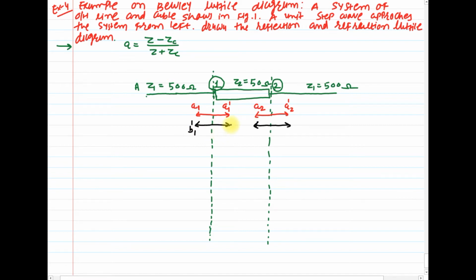In the same way, if it is refracted at the right hand side from this junction 1, then I will multiply with b1. Similarly for junction 2, it is b2 dash and b2. If you wish, you can write that A indicates the reflection coefficient, and this B will indicate the refraction coefficient.